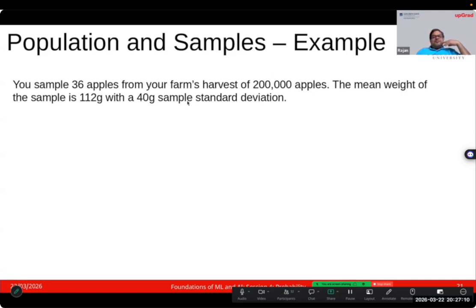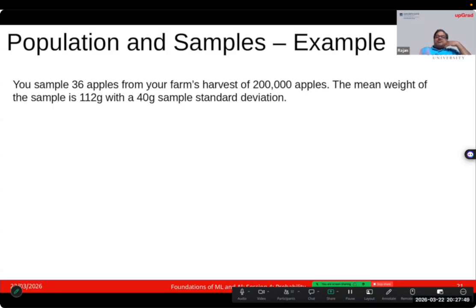So what do we have to say? We say, okay, I'm looking at these 36 apples, from which I get the mean to be 112 grams with a standard deviation of 40 grams. Now, what I'm going to do is hypothesize that this population has a mean value of 120 grams or 125 grams, whatever.